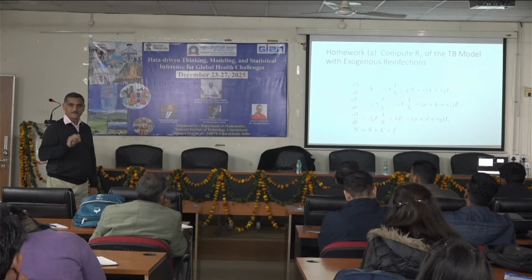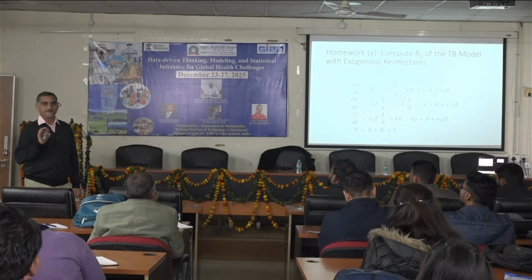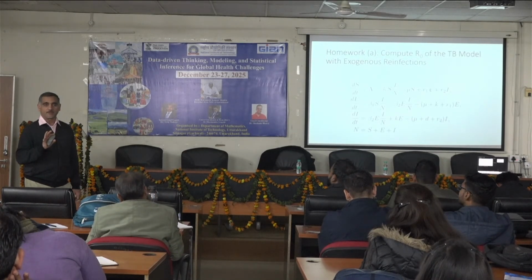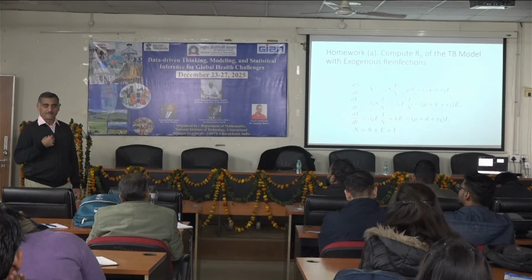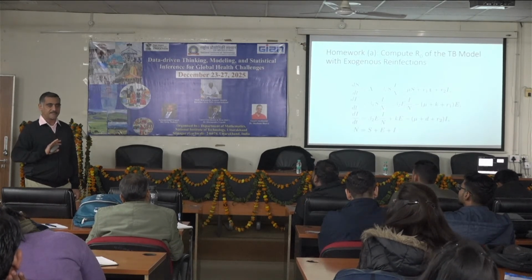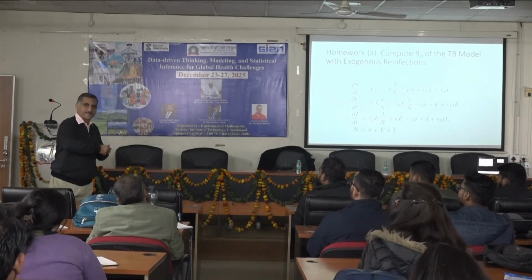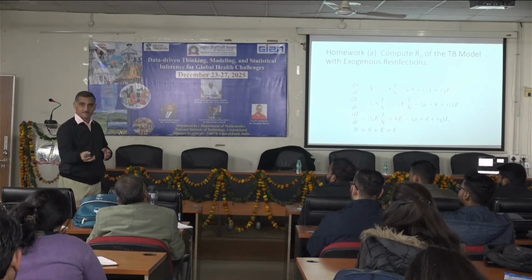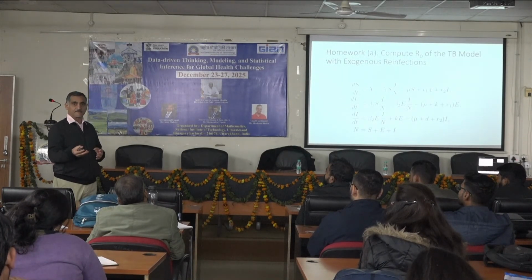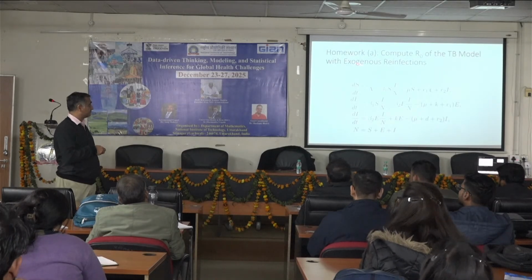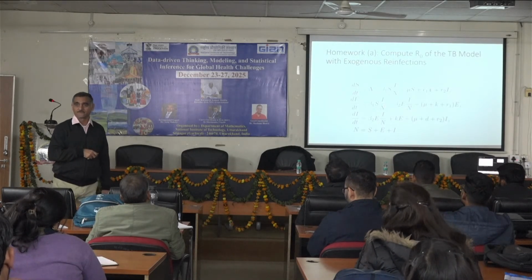TB has a very special type of dynamics. The patients remain dormant. They are infected, but their infection remains dormant. They are not infectious, but once they come in contact with an infectious person, they become infectious. That makes sense? That's called an exogenous reinfection.